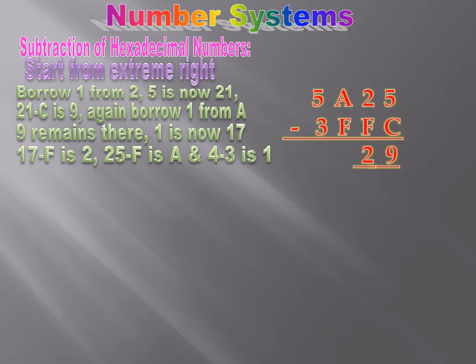So I'll take 1 borrow from here. That 1 is 16 plus this 9 will make it 25. 25 minus 15 is 10. Not 10 but A. We'll write A. And then we have the 4. 4 minus 3 is 1. So this is the subtraction.